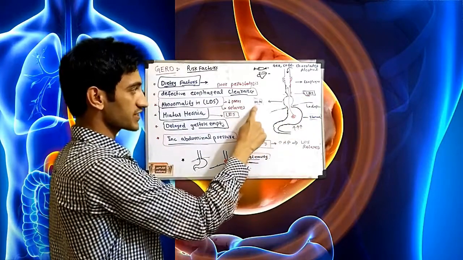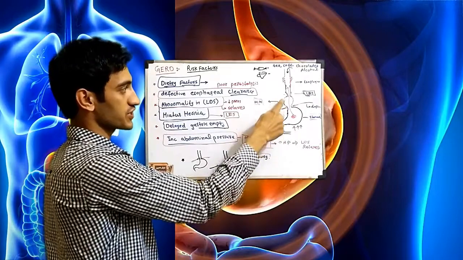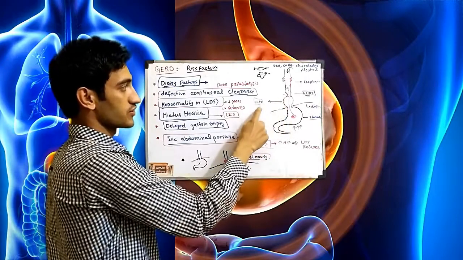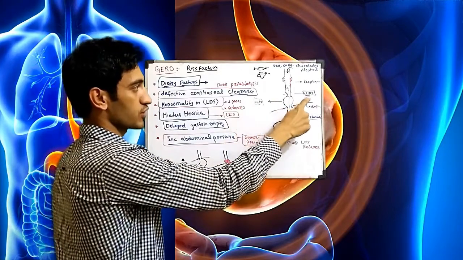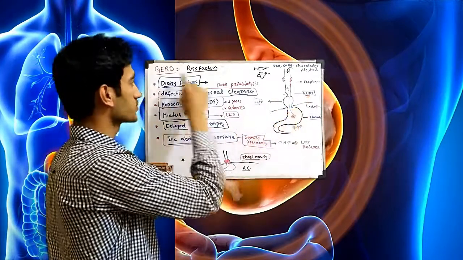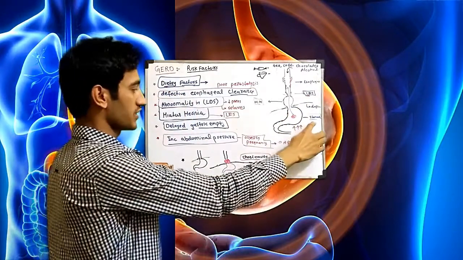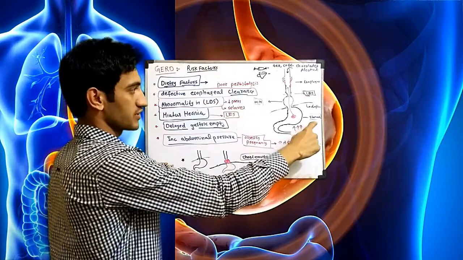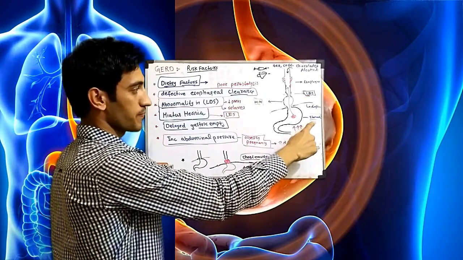Then hiatus hernia, when some part of the stomach is protruded into the chest. It will relax the lower esophageal sphincter and will lead to gastroesophageal reflux disease. Another one is delayed gastric emptying, but the mechanism for this is still unknown.